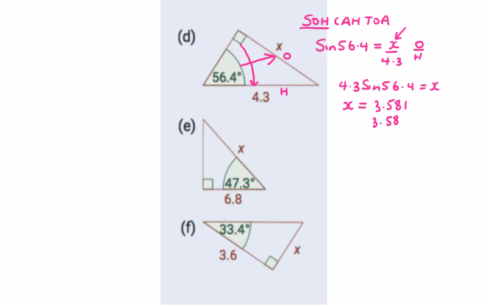Second question, when we label the angle, you can see we don't have opposite, we have hypotenuse and adjacent, which do always touch the angle. So this will be cos.